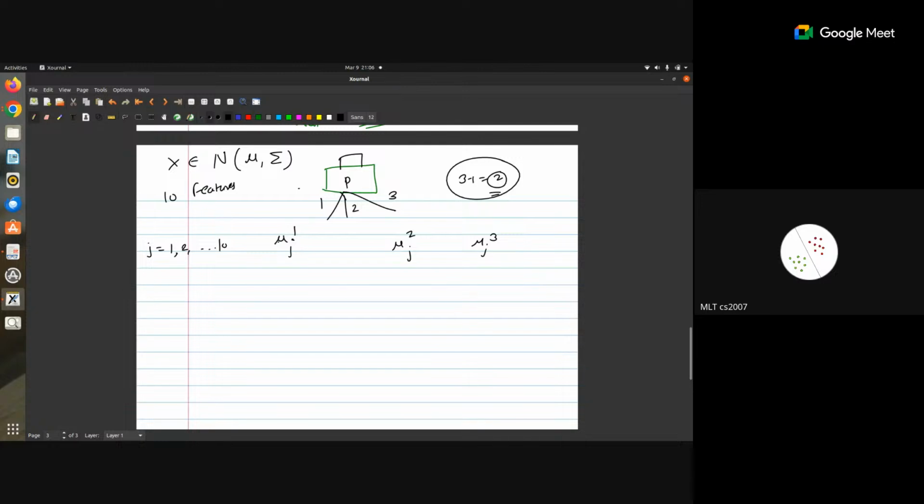For the first class, what is the mean? For the second class, what is the mean? And for the third class, what is the mean? What about the variance? Variance will be a 10 cross 10 matrix.